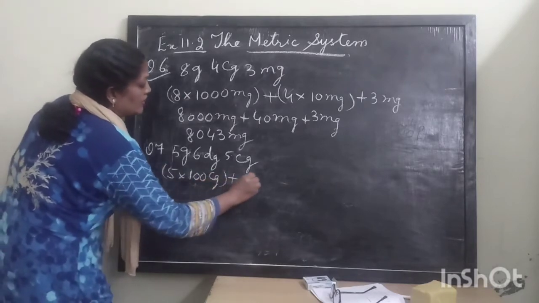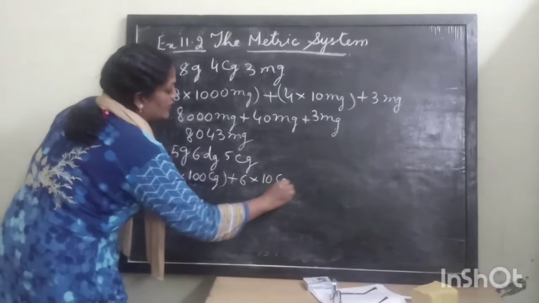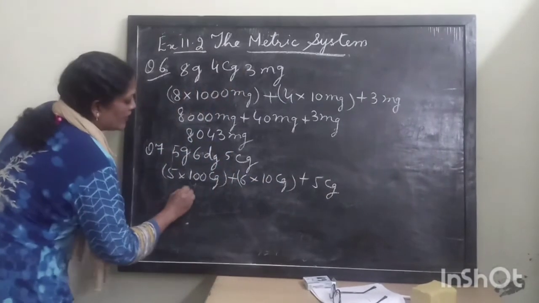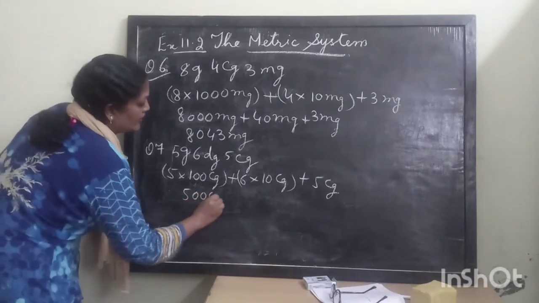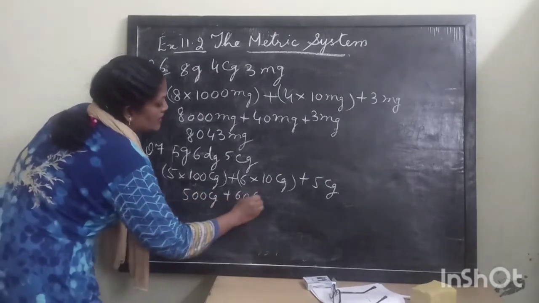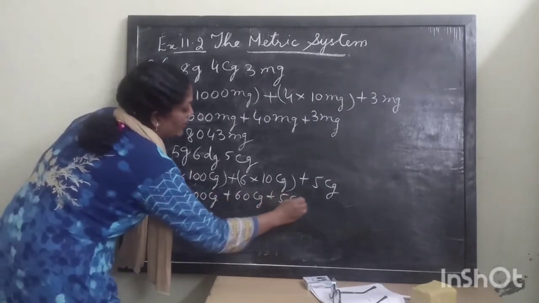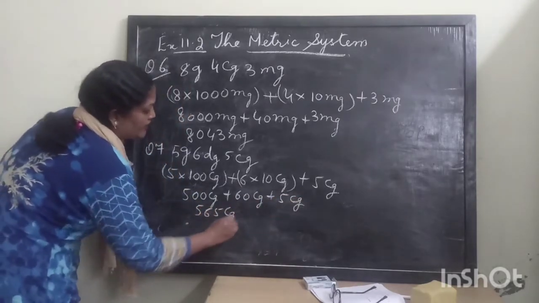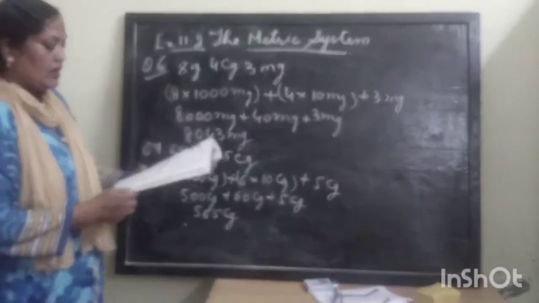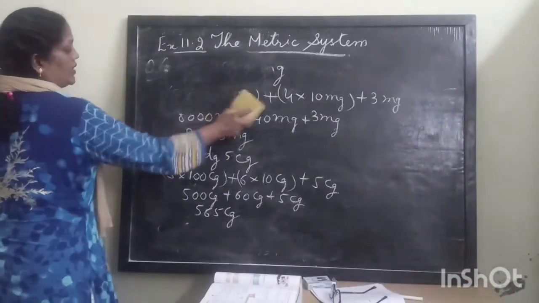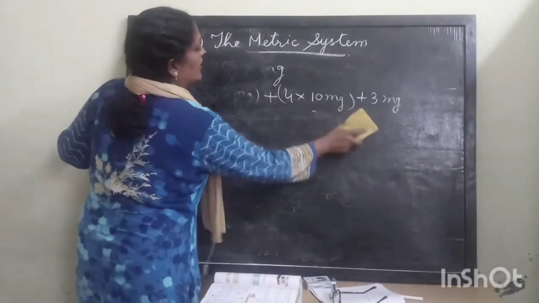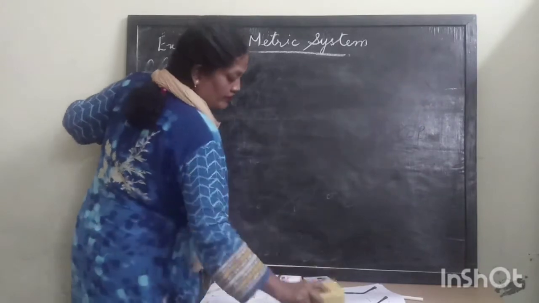Plus 6 into 10 centigram plus 5 centigram. 500 centigram plus 60 centigram plus 5 centigram. 565 centigram. All of you got it? Very easy exercise if you know the relations. If you don't know the relations, then you cannot do the exercise.